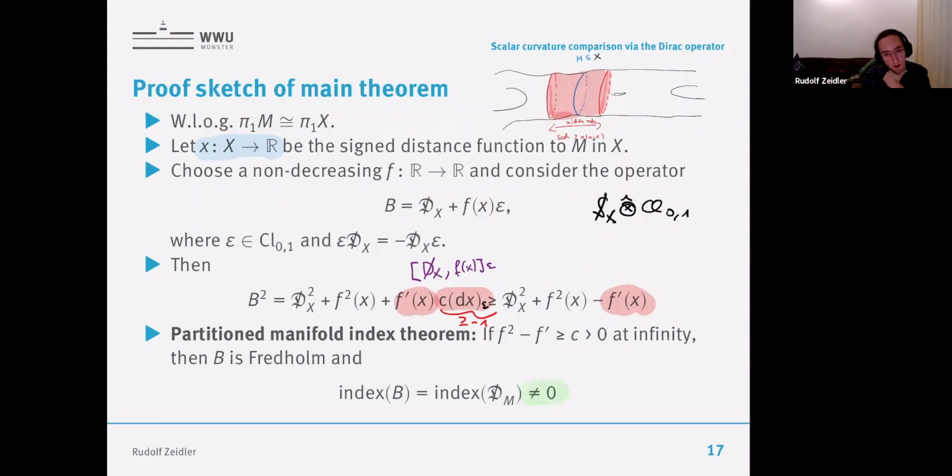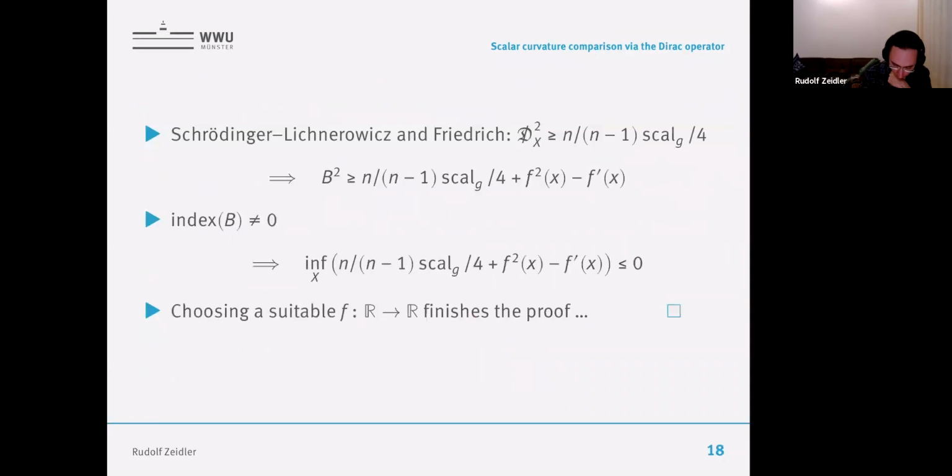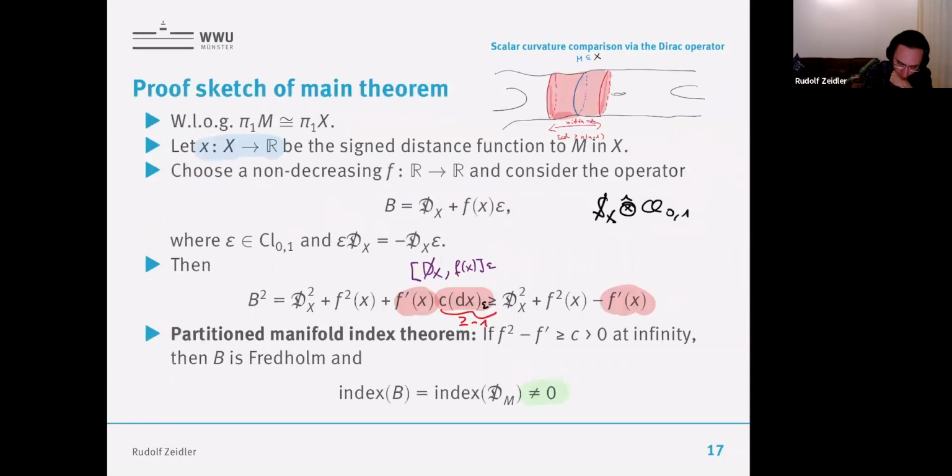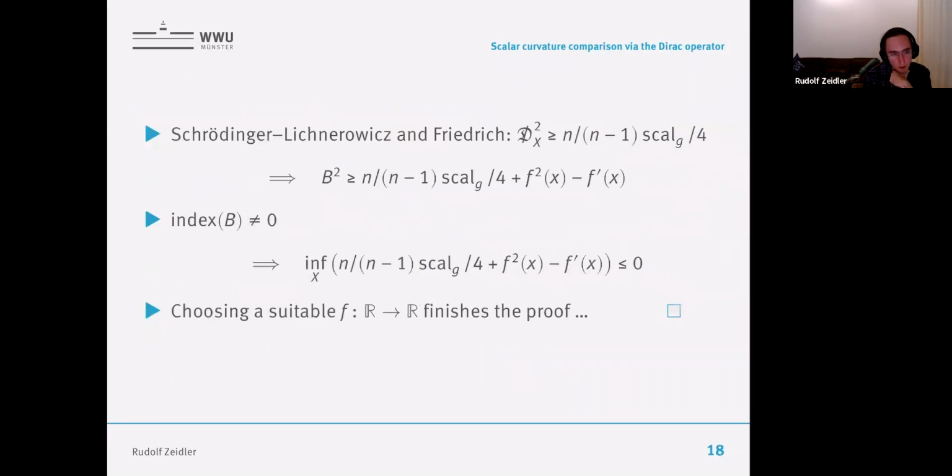Now you can continue working with this in the following way. We continue working with this lower bound here. How do we do this? First of all, the Dirac operator squared, using the Schrödinger-Lichnerowicz-Bochner formula, is going to be bounded below by the scalar curvature over 4.